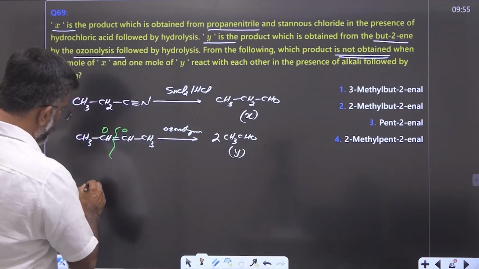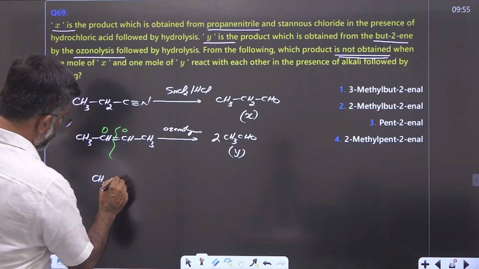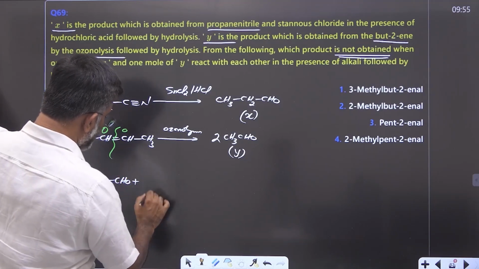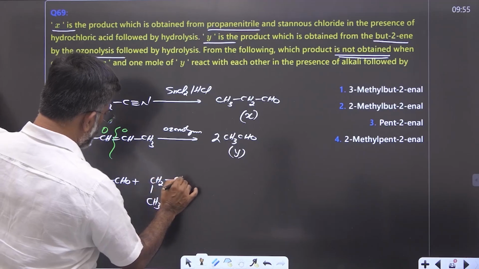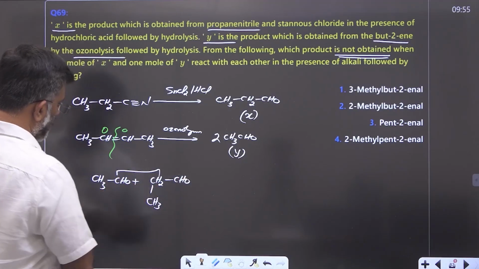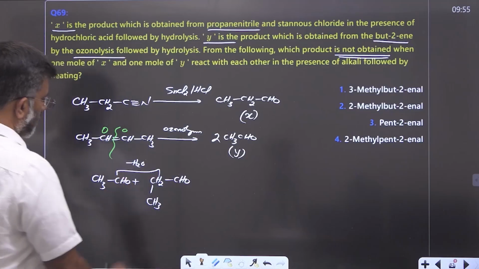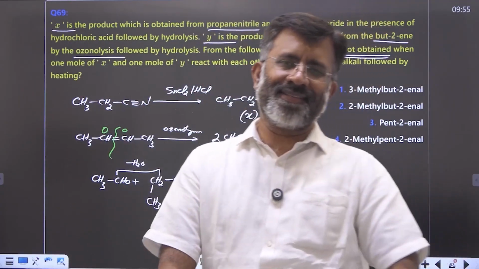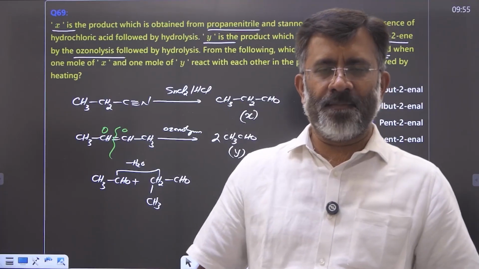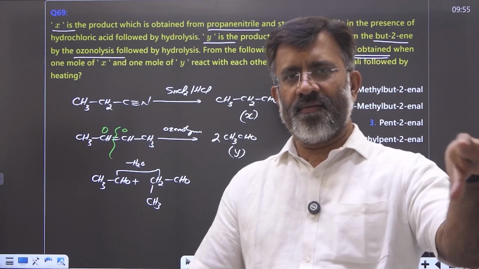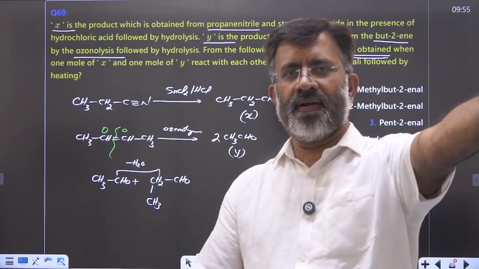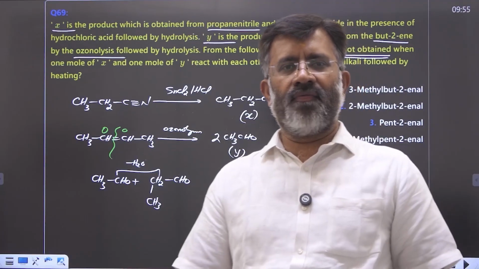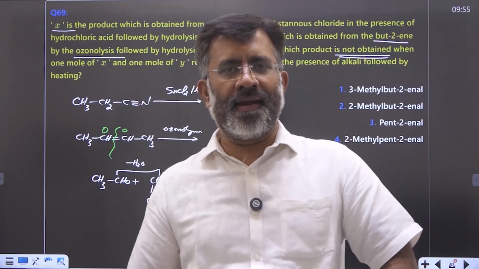Suppose they condense, what do you get? CH3CHO condenses with CH3CH2CHO. Suppose it is condensing over here. Hope you remember, we are talking about a cross aldol condensation. And what is the result of cross aldol condensation? From the carbonyl center, one oxygen and alpha hydrogen are removed as water, and you get alpha, beta unsaturated aldehyde or ketone.